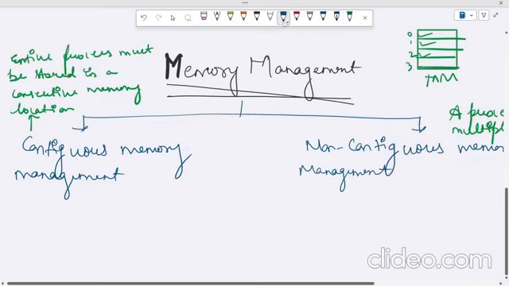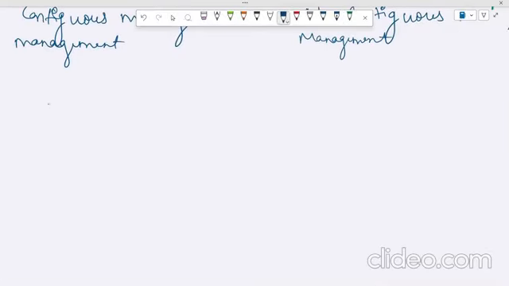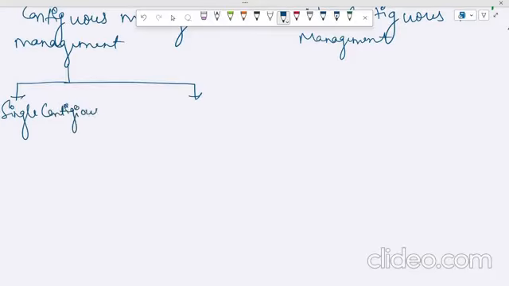Now, contiguous memory management is further divided into two parts. The first is called the single contiguous memory management scheme, and the second is multiple partitioning.